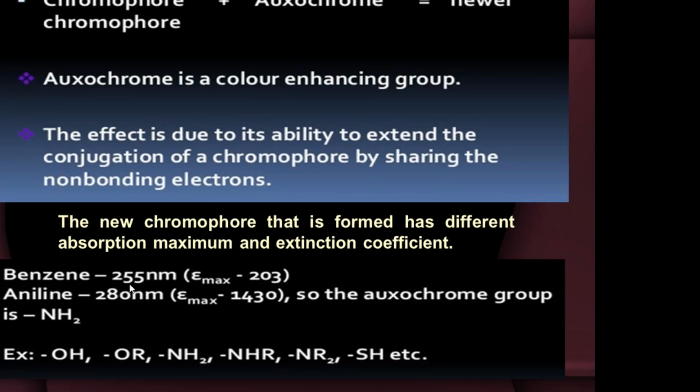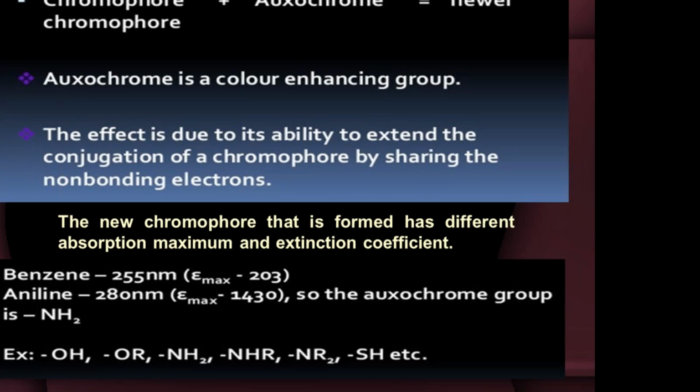One of its peaks is observed at 255 nanometer with an epsilon max of 203. Aniline, which is benzene with an added amino group, absorbs at 280 nanometer, that is longer than 255, with an epsilon max much greater than what is shown by benzene, 1430.